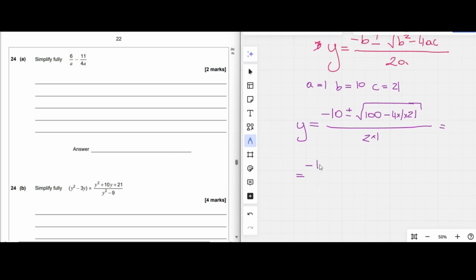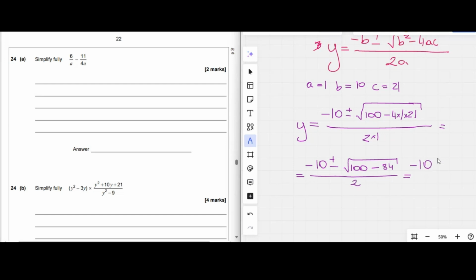Minus 10 plus minus, what is inside the square root? 100 minus 4 times 21 is 84, so 100 minus 84 is 16.